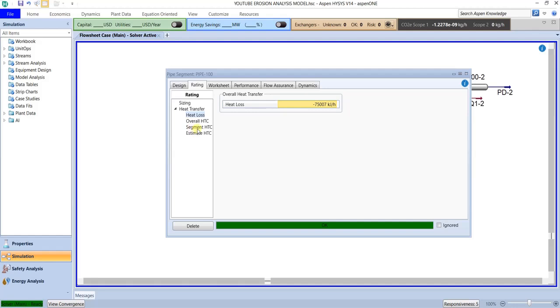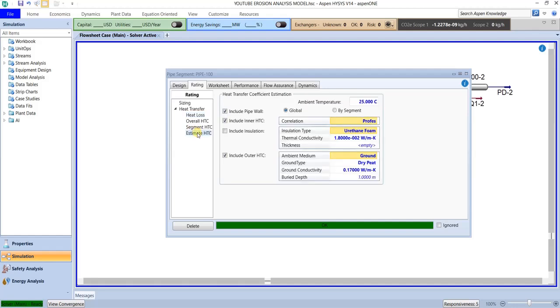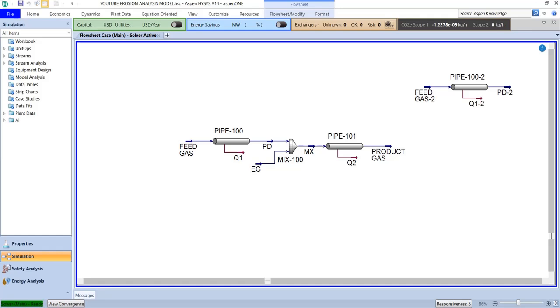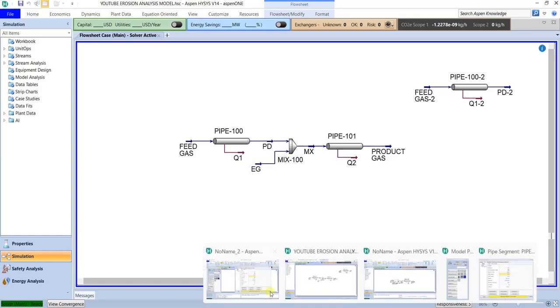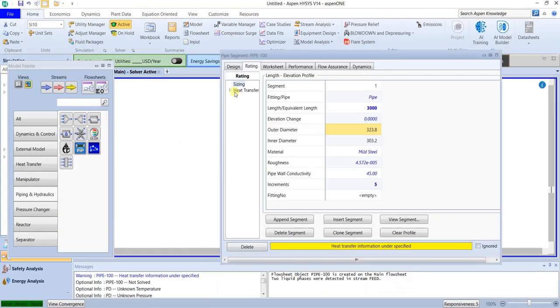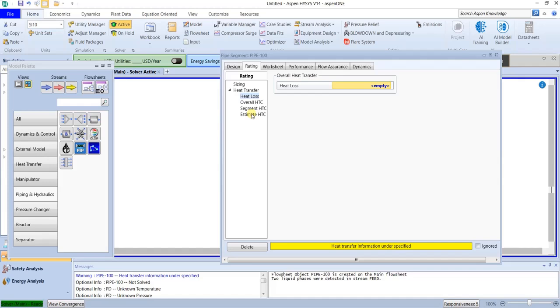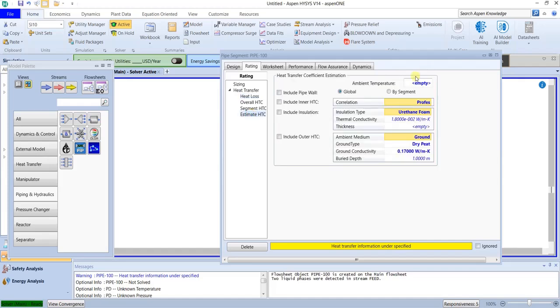We have heat transfer. So heat transfer, we have the ambient temperature as room temperature, which is 25 degrees Celsius. So we specify that here under estimate HTC. So you have 25 degrees, 25 degrees.